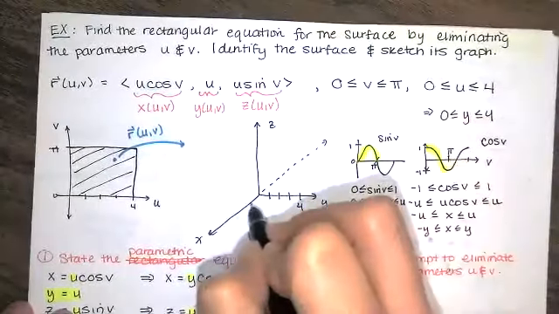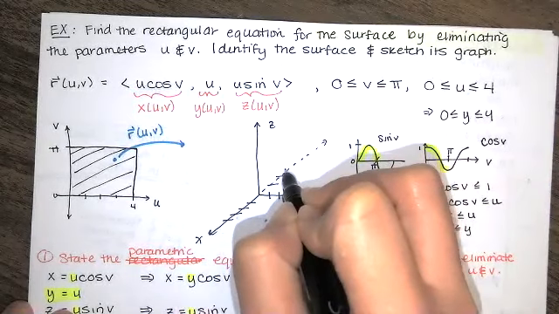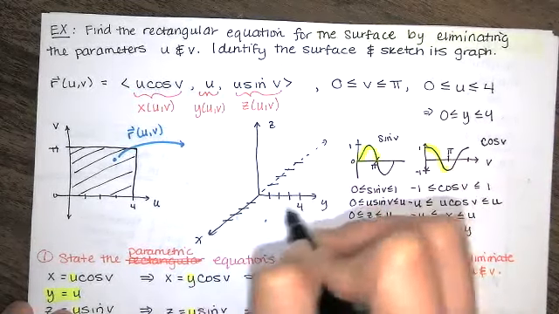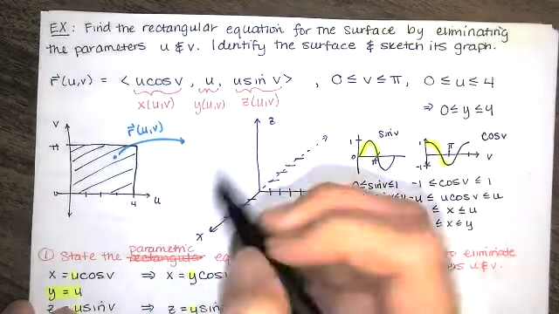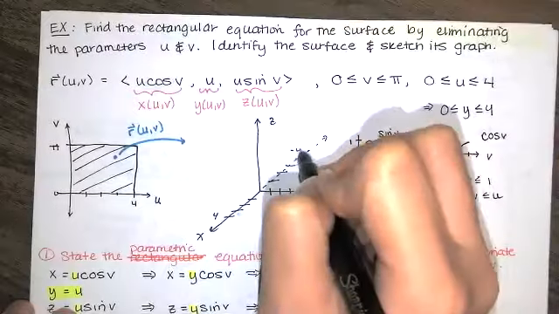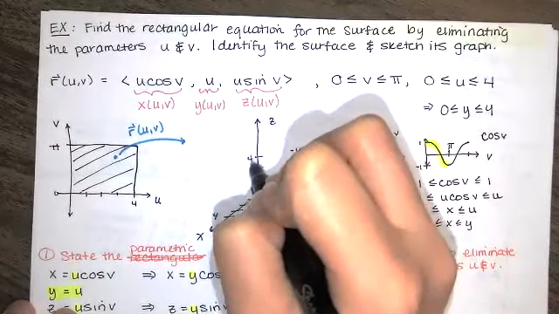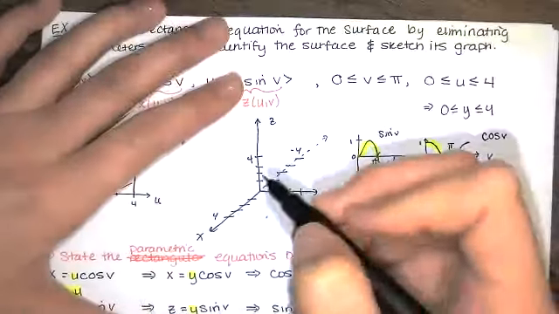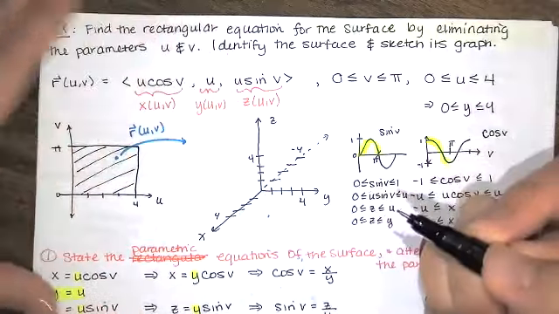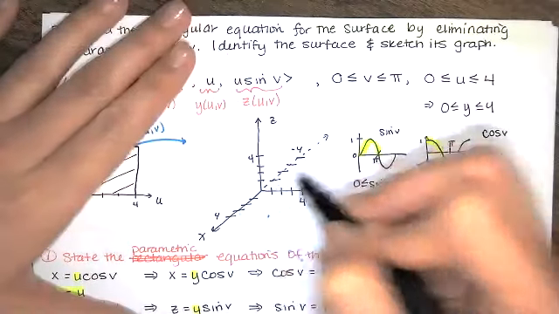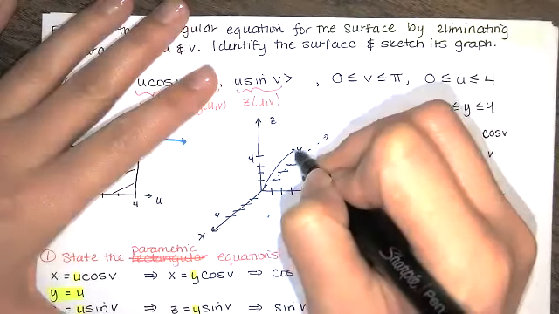So it's going to look like this. When y is 4, x is going to go from -4 to 4, and z is going to go all the way up to 4. And so we've got a cone. Actually, I'll just draw it this way. It's just a cone.